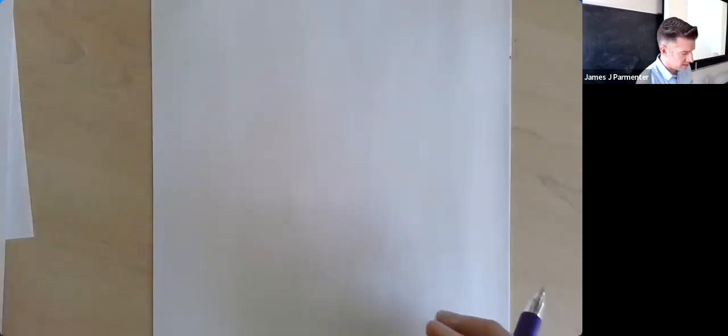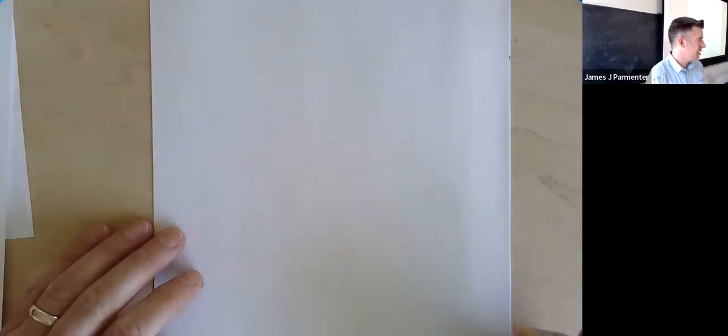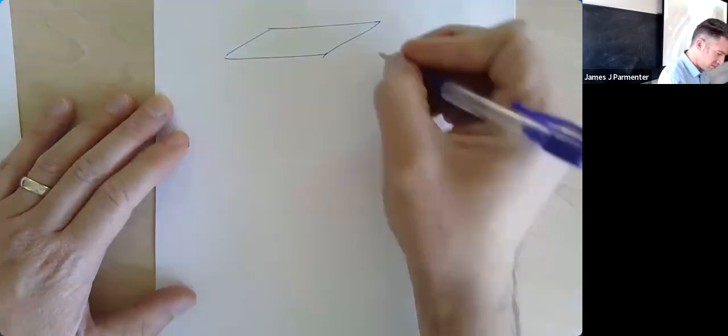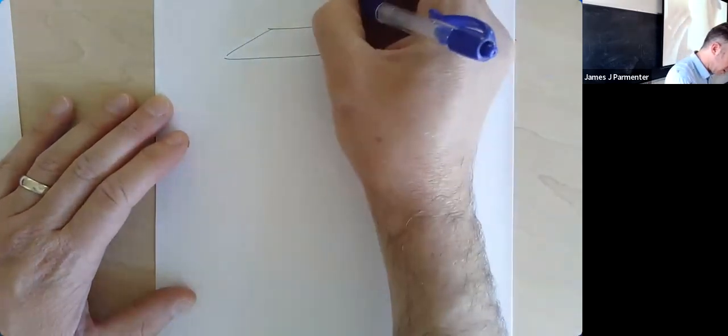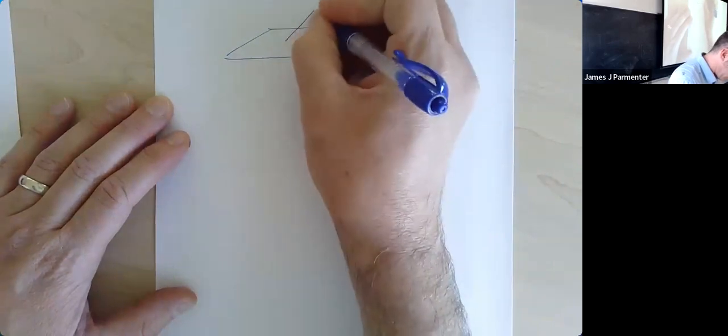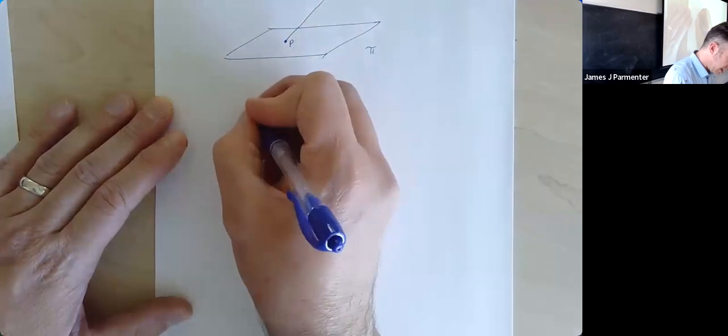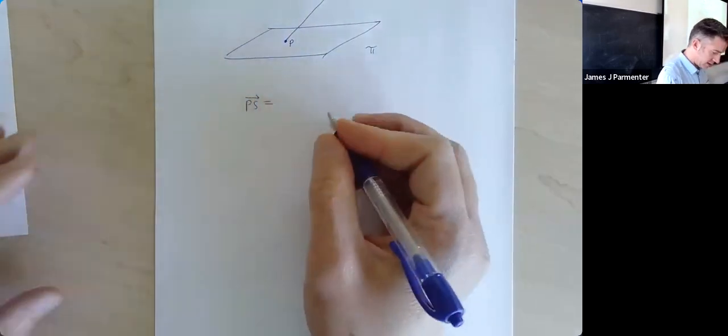All right, distance from a point to a plane. It's probably not required, but I really like drawing a picture for this. So here's my plane. Here's my point S. And I am going to find the vector from P to S. Let's write down what P was.